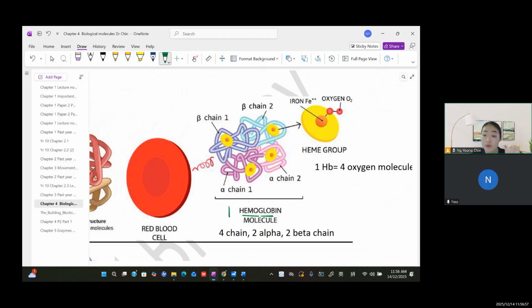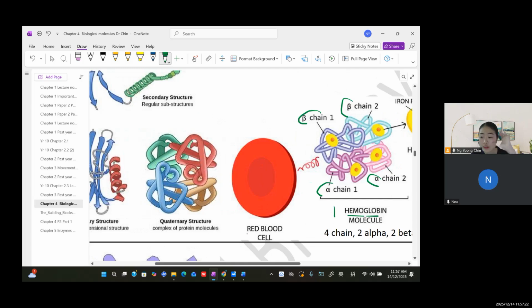So this hemoglobin is made from 4 chains, which are 2 beta chains and 2 alpha chains. This alpha and beta refer to the secondary structure of proteins, which is just now, the helical shape, like this. So this is the structure for the hemoglobin.